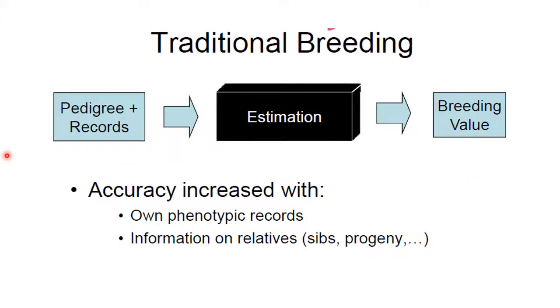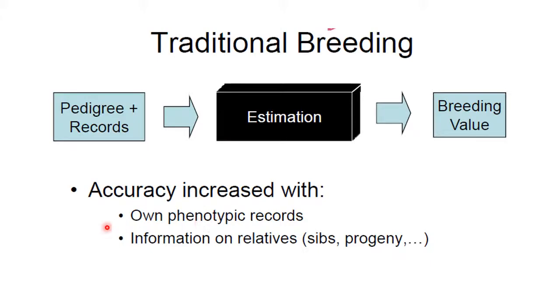So this is basically what happens in traditional breeding. We have seen we use pedigrees of animals and the records of animals, the actual weights or measurements on animals. We put that through a BLUP estimation, and we get breeding values on the other side. So this accuracy can only be increased if an animal has own phenotypic records, and we've just seen we have sex-limited traits, for example.